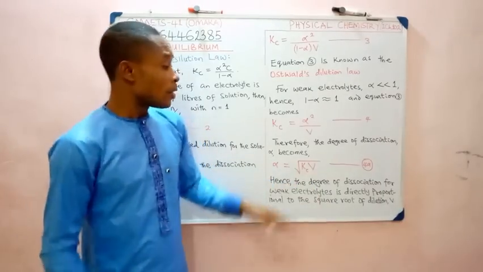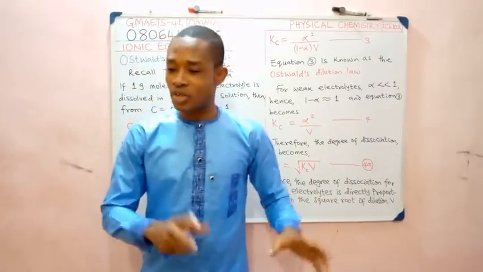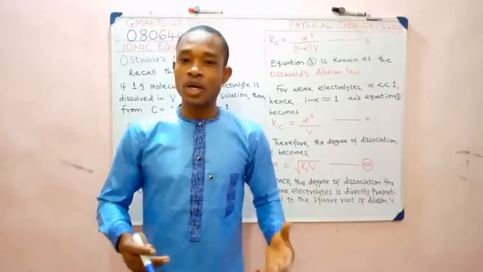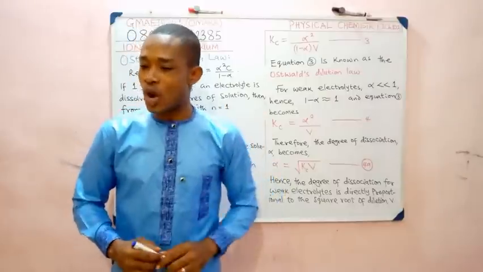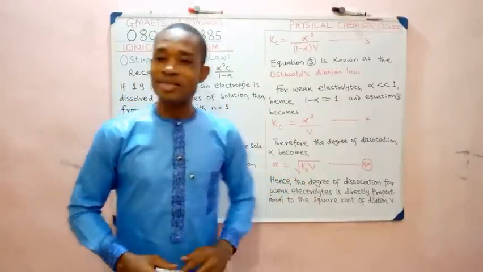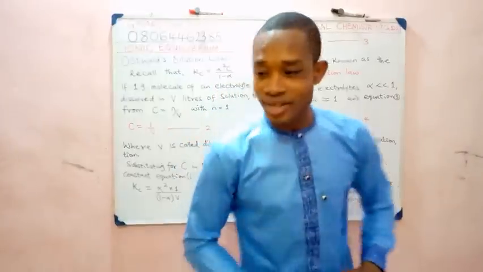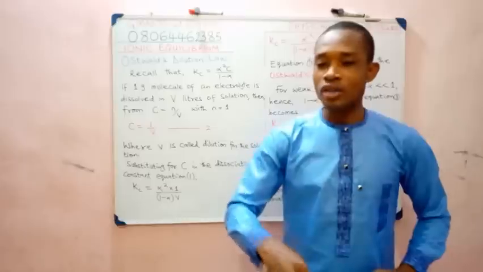The dilution. This equation 4a is the equation for calculating the degree of dissociation for a weak electrolyte. And in words, we can simply state that the degree of dissociation is directly proportional to the square root of what? Dilution, V. Because here, our Kc, which is the dissociation constant or ionization constant, is constant at a given what? Temperature.